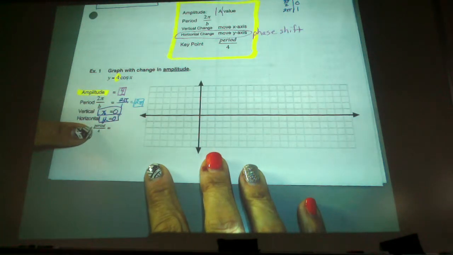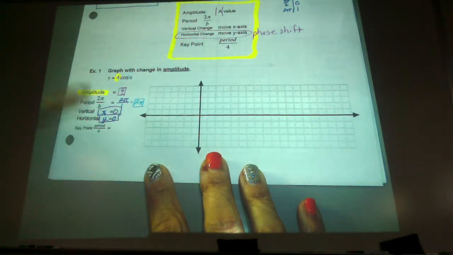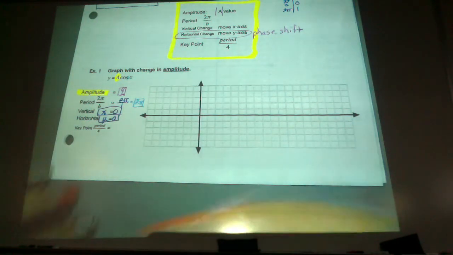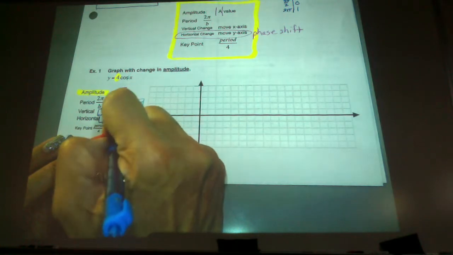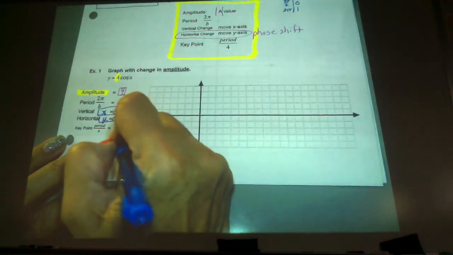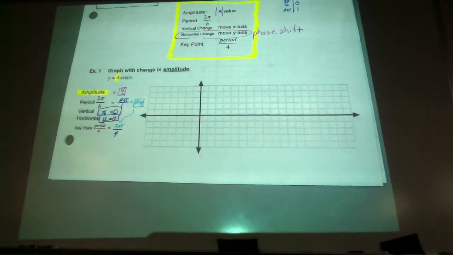But by the time you take the test over this, they're going to be gone. So you have to learn these on your own and know what they are. They will not always be there. So to find our key point increments, we're going to take our period here of 2 pi, and 100% of the time you will split it or divide it in fourths. If I take a loaf of bread and I make 4 cuts, how many pieces do I have?